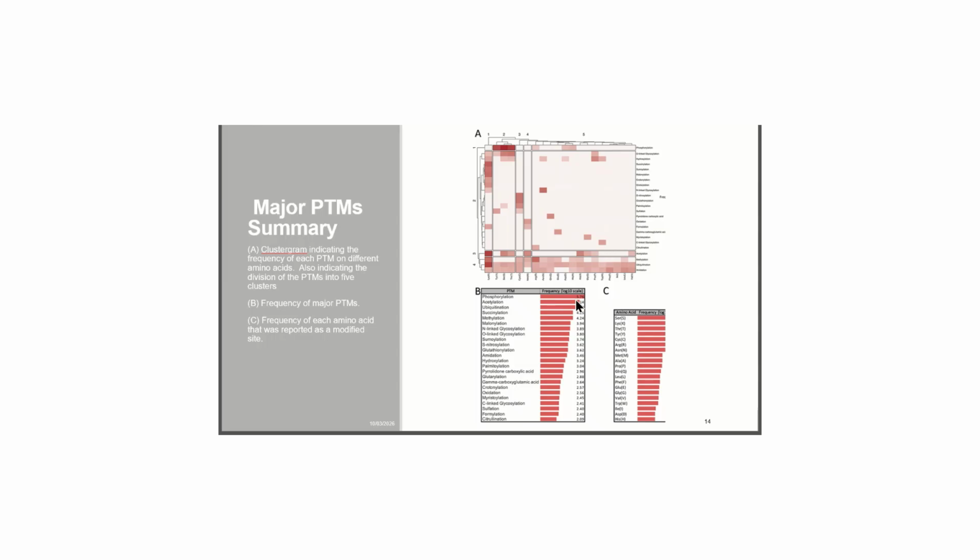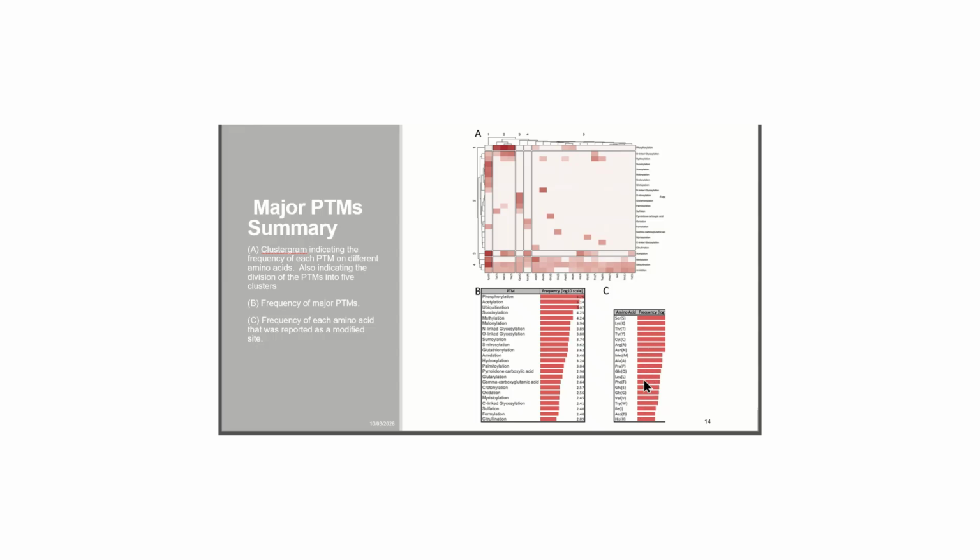That means phosphorylation, it takes place in which amino acid, also indicating the division of the post-translation modifications into five clusters. So this shows the frequency of major post-translation modifications, and shows the frequency of each amino acid that was reported as a modified site.